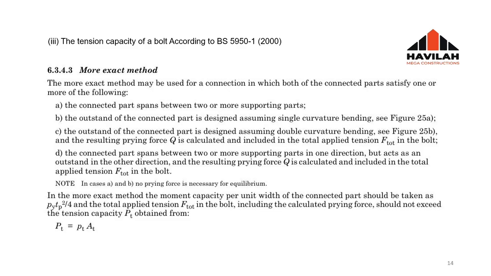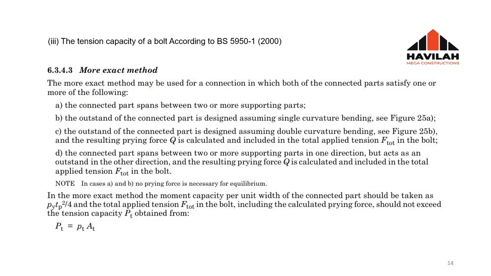Then we have the more exact method, the second method. The more exact method can be used for connections in which both of the connected parts satisfy one or more of the following. If the connected part spans between two or more supporting parts, or the outstand of the connected part, and when we say outstand, we mean probably a flange of a member, is designed assuming single curvature or double curvature.